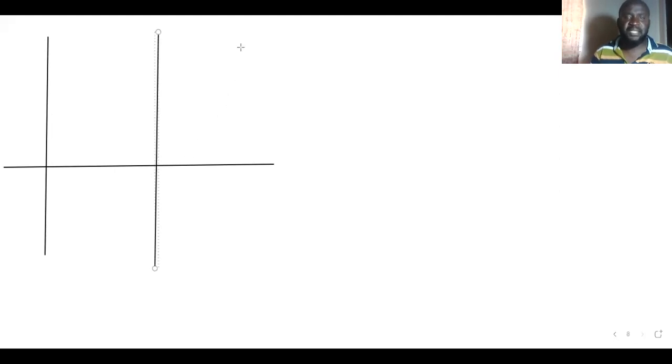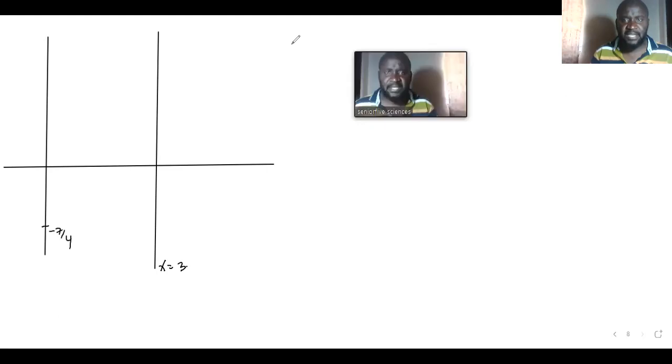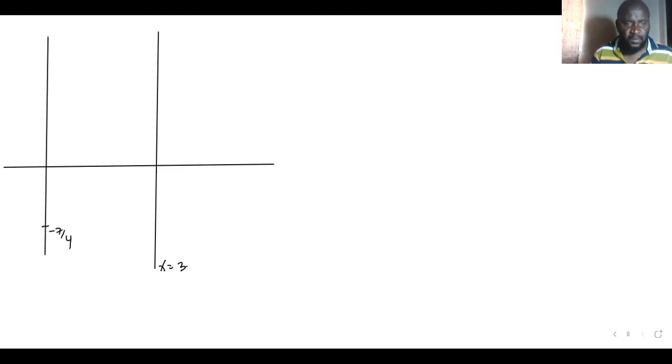So this is my x is equal to 3, I mean, this is my symmetrical axis. Then the directrix is at y is equal to negative 7 over 4. If that is the directrix, sketch the directrix. Our directrix is right here.